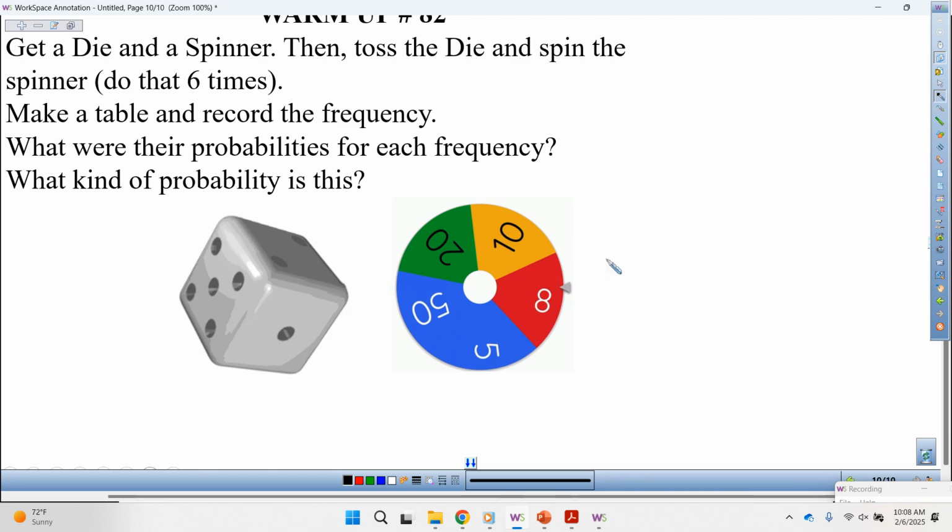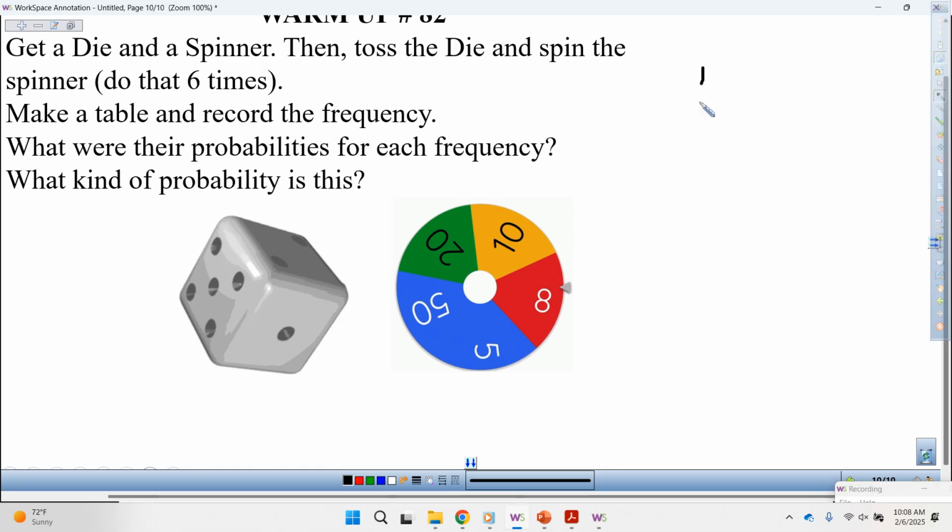Well, haven't we called on in a while? How about Cole? So what kind of table did you make? All right, so it's a 2-way table. He said this one.